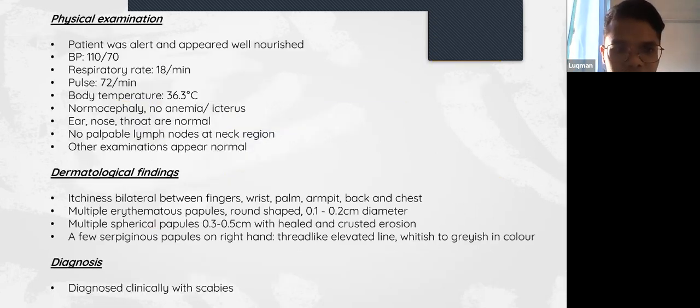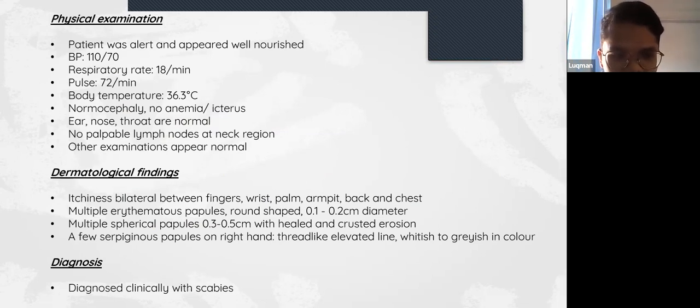Upon the physical examination, the patient was alert and appeared well nourished. The BP was normal, respiratory rate was normal, pulse and body temperature were normal, no microcephaly, no anemia, no icterus, ear, nose, throat were normal, no palpable lymph node at the neck region. Other examinations appeared normal.